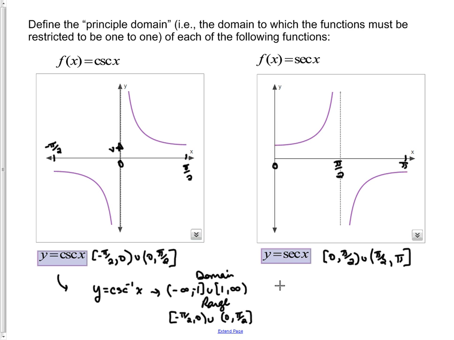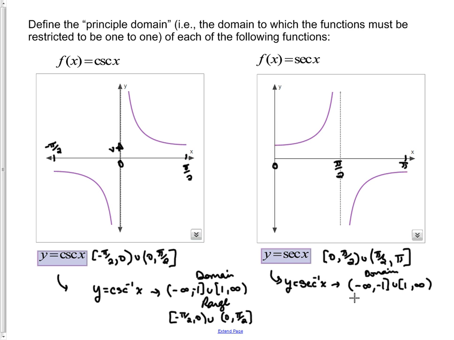In a similar fashion, if we have y equals our inverse secant, we're going to have a domain that, like the domain of the inverse cosecant, goes from negative infinity to negative 1, and includes negative 1, and then is a union with 1 to infinity.